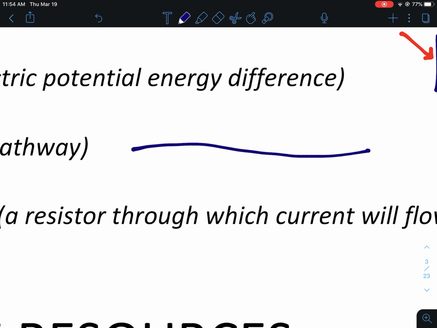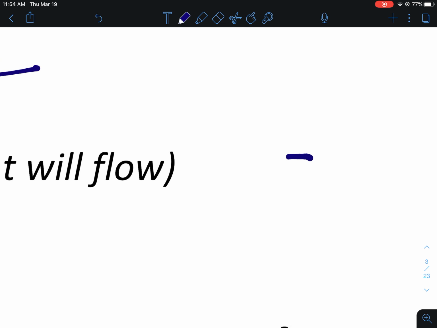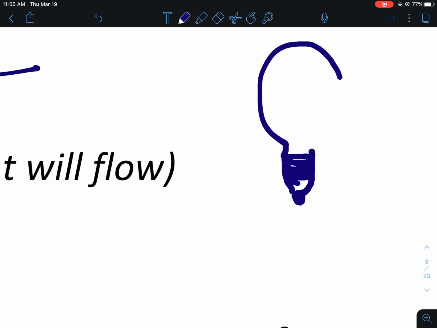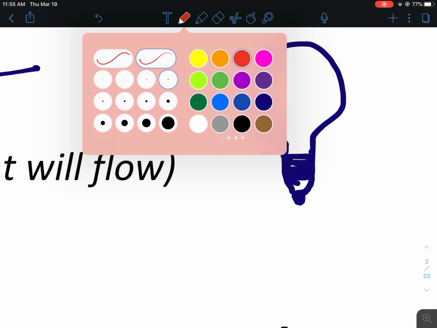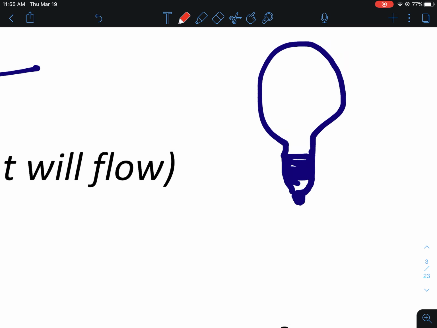So there you go, beautiful drawing of a wire. And then we would give you a light bulb. And the light bulb would have basically its base, and then it would go up into a bulb like this. And you would see inside the actual light bulb, forgive me, my drawing is amazing, I know.